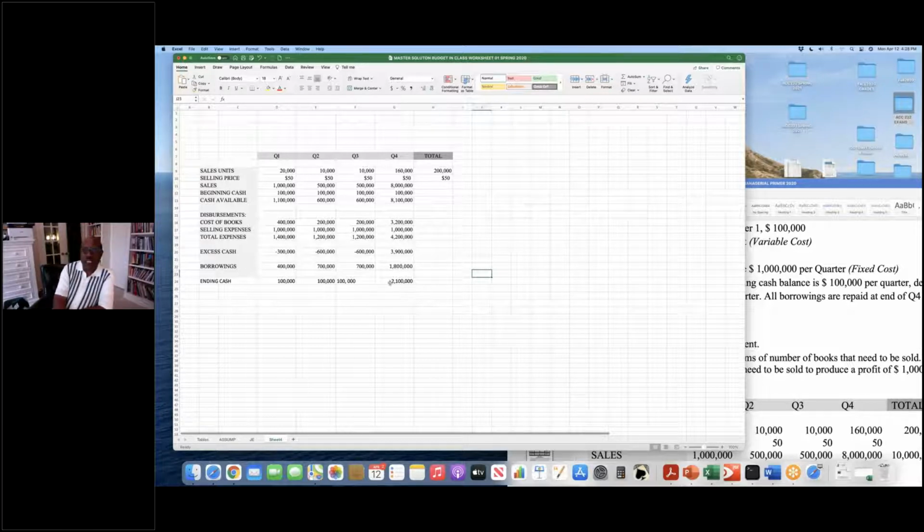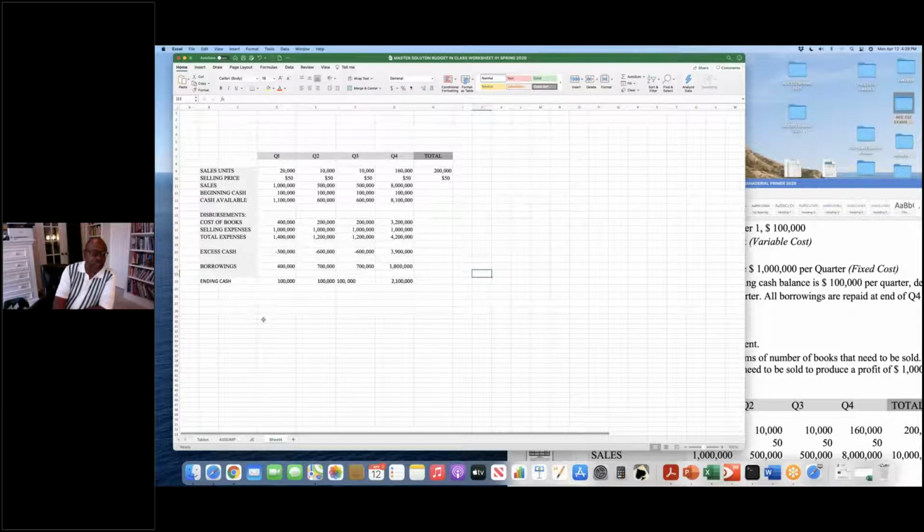Now, the key thing is that if you didn't have this borrowing set up ahead of time, your business would have been thrown out in the streets and you would have never gotten to the fourth quarter. So every major retail company prepares a budget like this and takes it to the bank.